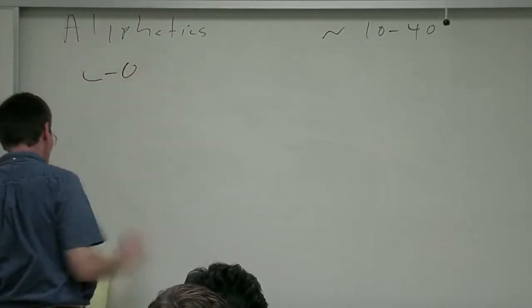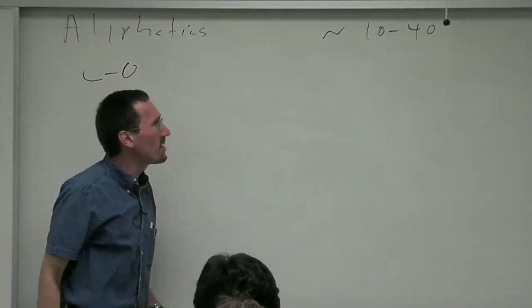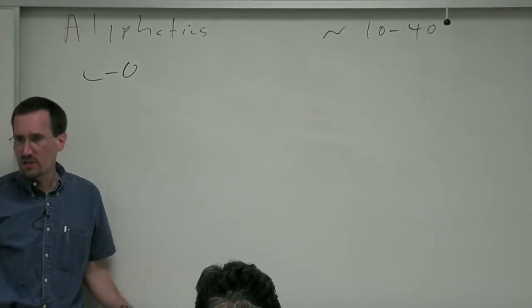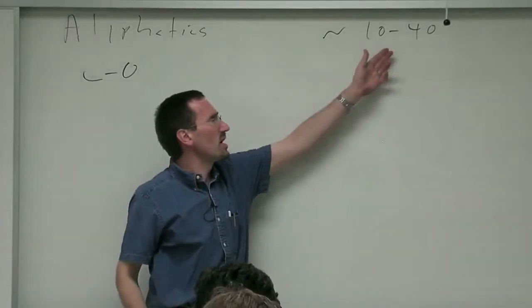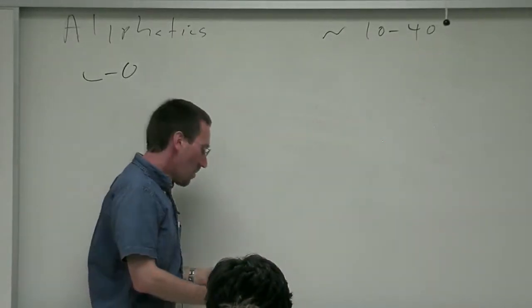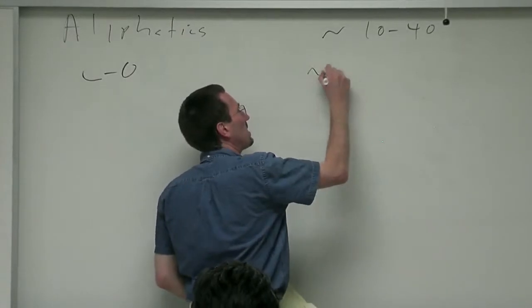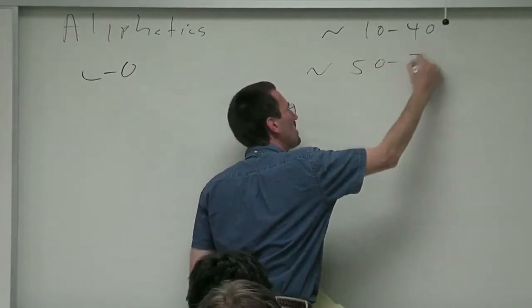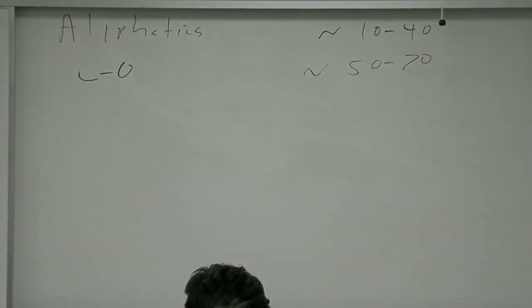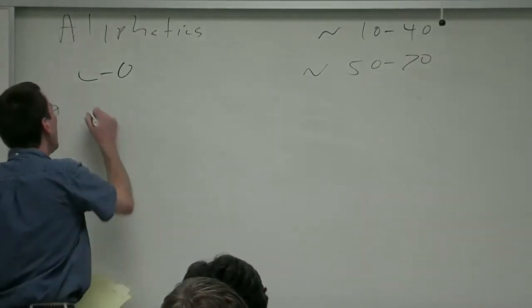Carbons next to an electron withdrawing atom show up downfield, but it's not quite as pronounced. So a carbon next to a halogen, you might even see it in this range. Carbon next to a nitrogen, it's going to be at the end of that range. But by the time you're next to an oxygen as an electron withdrawing group, I'd say 50 to 70 for a carbon next to one oxygen. So that stands out.